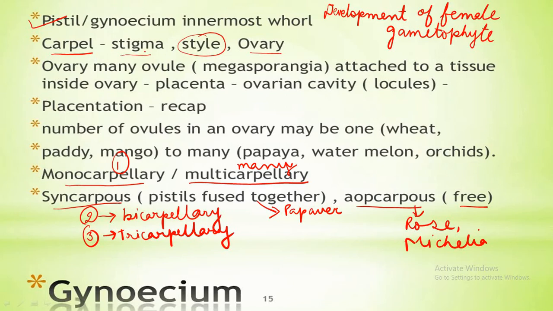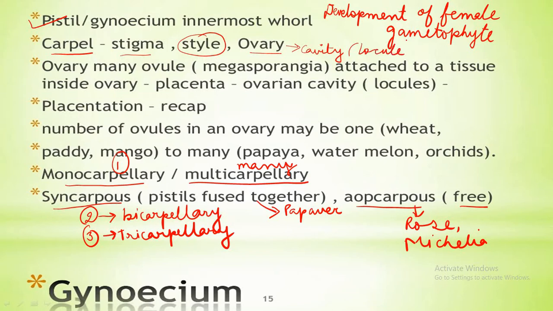And the stigma serves as a landing platform for pollen grains. Inside the ovary the cavity is present, which is known as ovarian cavity, and ovarian cavity is also known as locule.